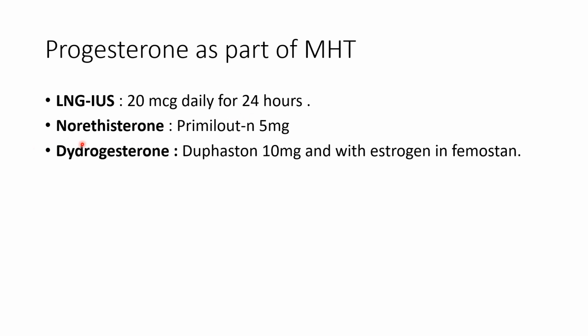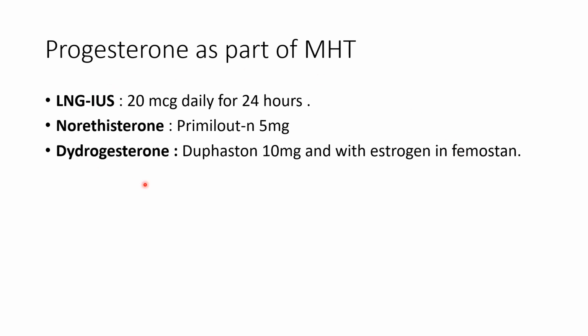Another progesterone-only drug we have is norethisterone, which is available by the name of Primolut N, 5 milligram in the market, and the dose is 1 TDS. And the last one is dydrogesterone, available with the name of Duphaston, 10 milligram, and if it is along with estrogen, then it is known as Femoston.